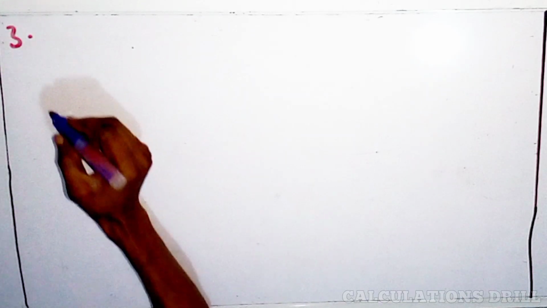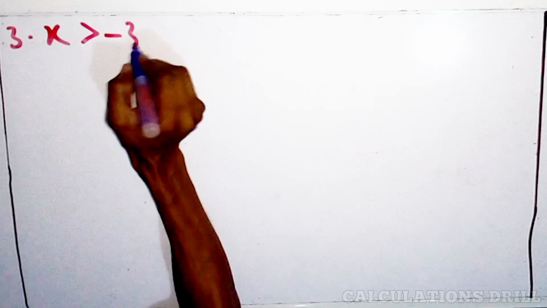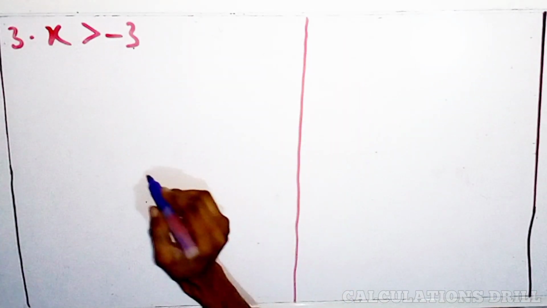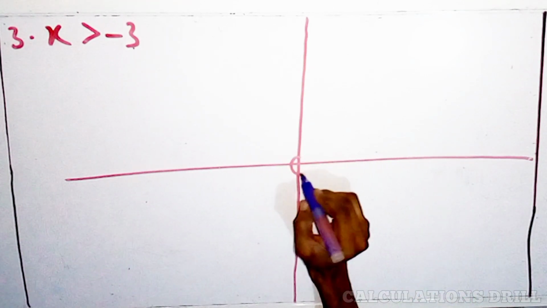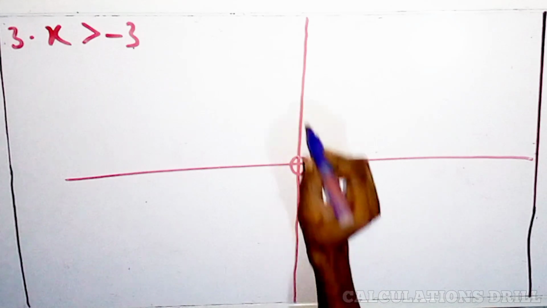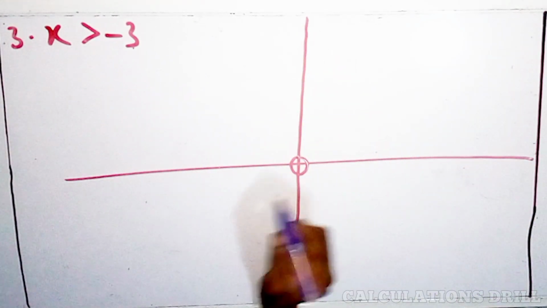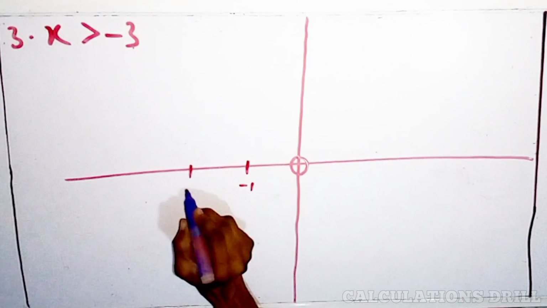Then let's see the next example, number 3. It says x > -3. Then let's quickly plot the graph. This is our origin. We are now concerned with x in this case, as you can see.